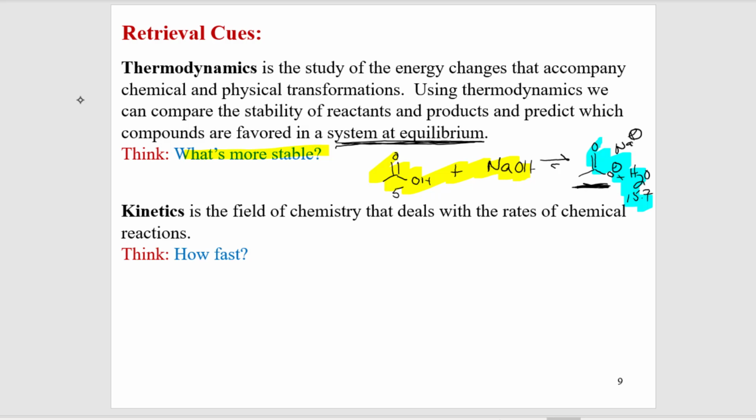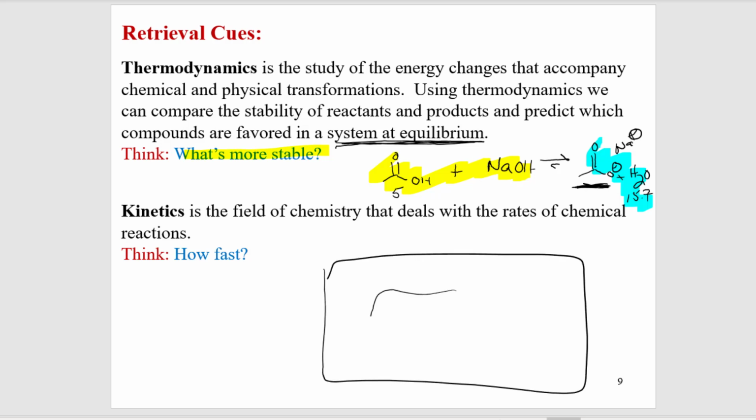Kinetics is what's happening on the journey. So remember when we had a map of the United States, and we started at point A and we ended at point B. Understanding where you are and where you're going, from A to B, that's just thermodynamics, relative stabilities.